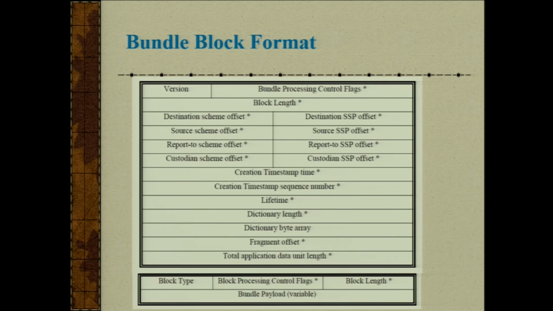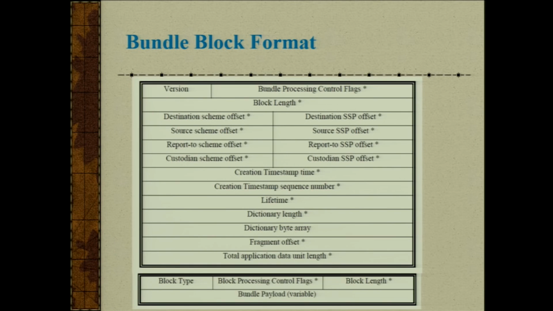So in the protocol framework we have a destination endpoint identification, source endpoint identification, report-to endpoint identification, then custodian endpoint identification. The creation time is also put in the bundle.